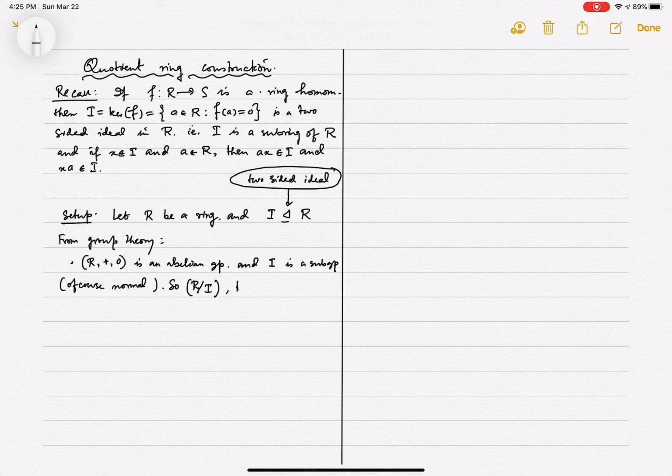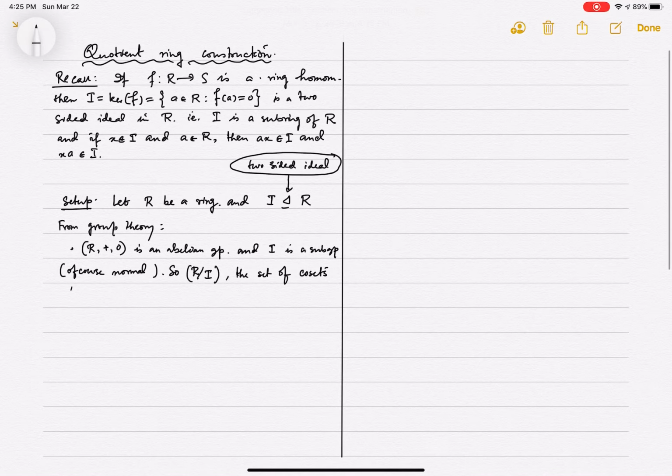This is the set of cosets like this, A plus I, A in R. That's what the quotient group meant.